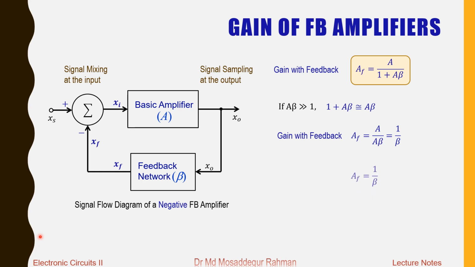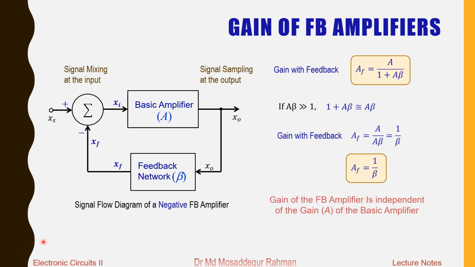It does not depend on the gain of the basic amplifier A. The overall gain of the negative feedback amplifier is independent of the gain of the basic amplifier. It depends only on the feedback factor beta. Now, what is the significance of this expression?